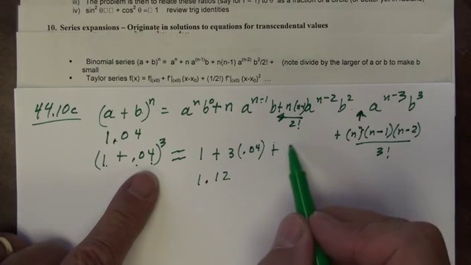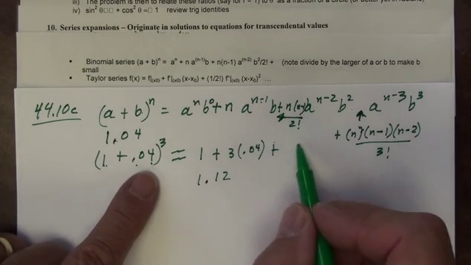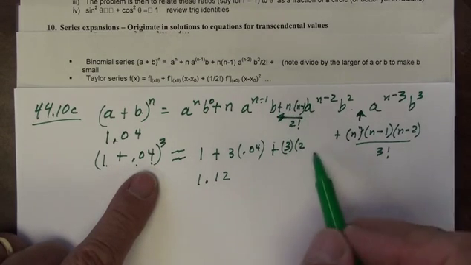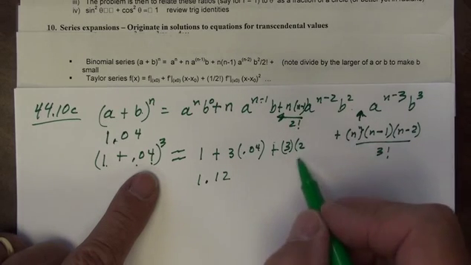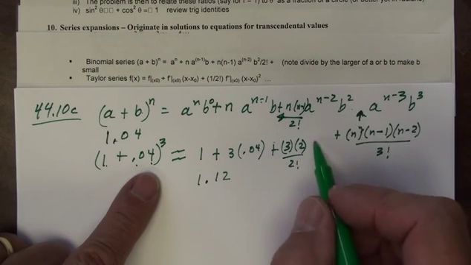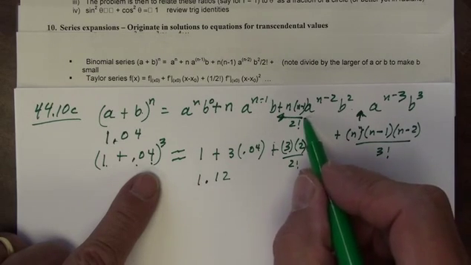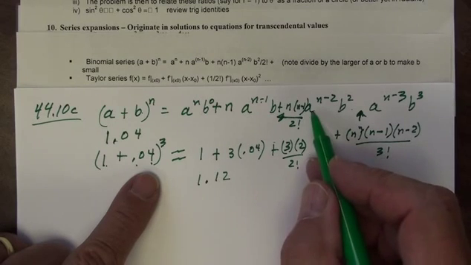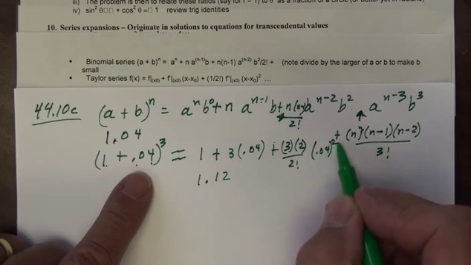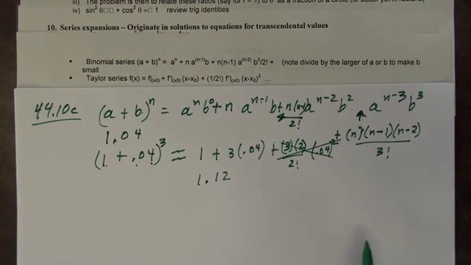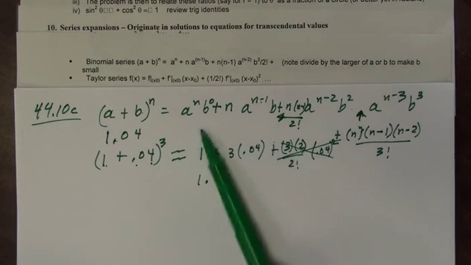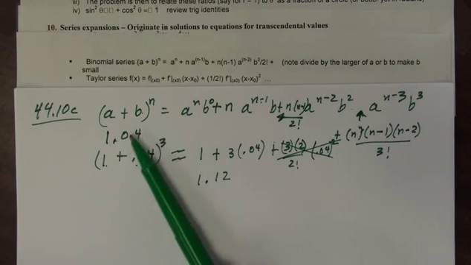If I want to get a little bit more accurate, I would put 3 times 2 over 2 factorial, and the a would have the power 1 again, because a is 1, so 1 to any power is 1. And here I would have b squared, well that's 0.04 squared, so that's getting pretty small, so I can probably ignore that.